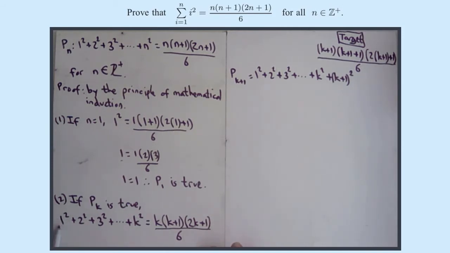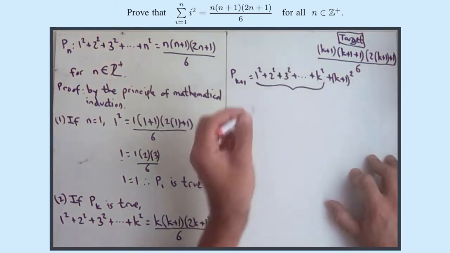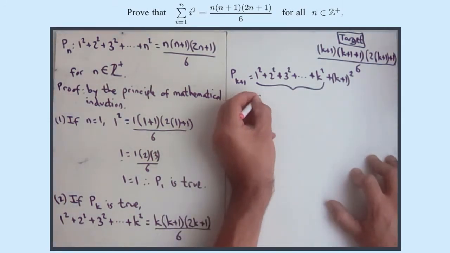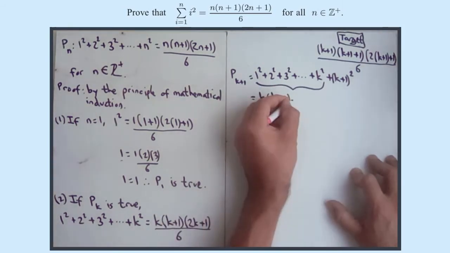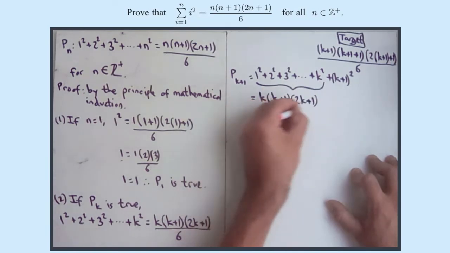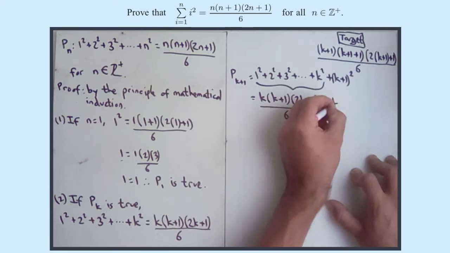This was 1 squared plus 2 squared plus 3 squared all the way up to k squared, and we've assumed that equals k times (k plus 1) times (2k plus 1) over 6, so we can use that result. So that gives k times (k plus 1) times (2k plus 1) over 6, plus the (k plus 1) squared.